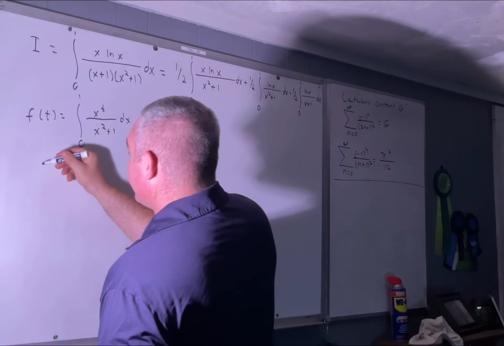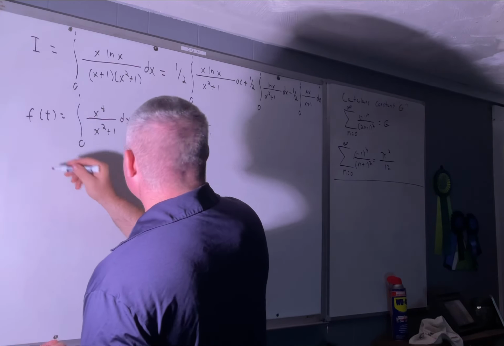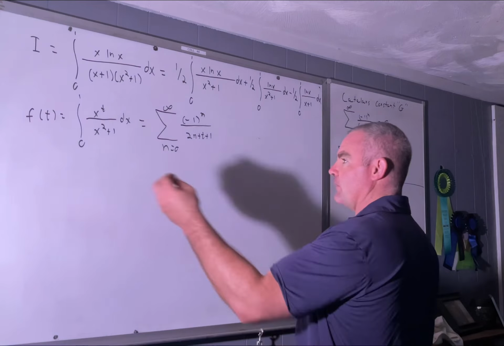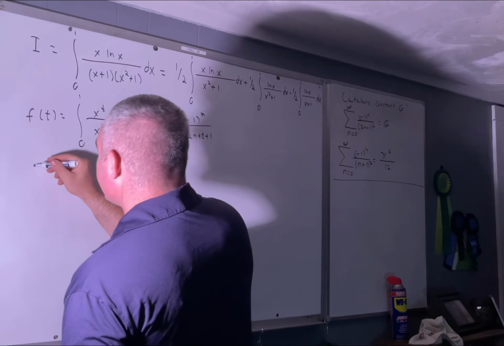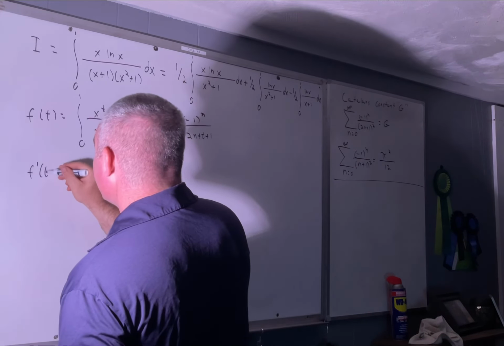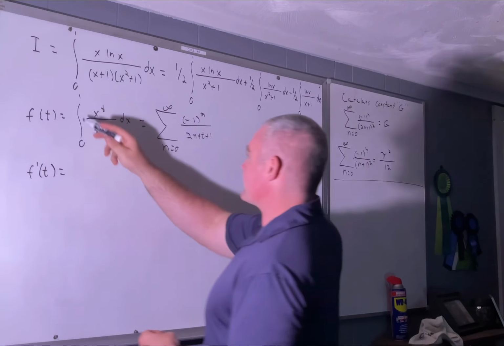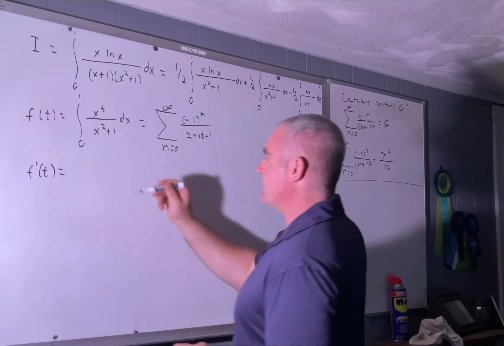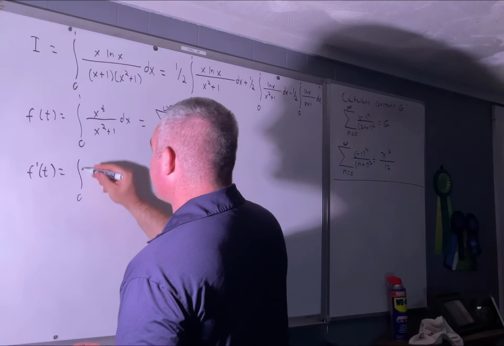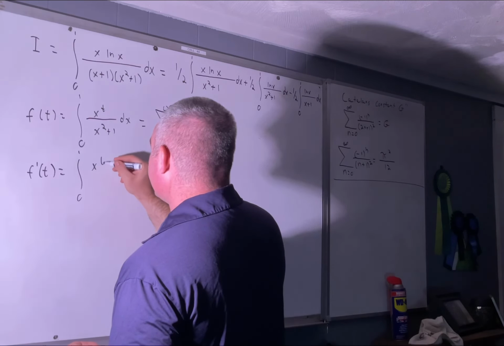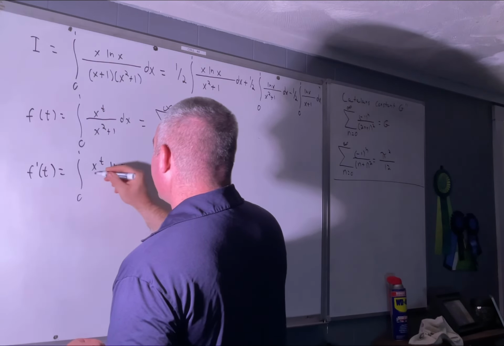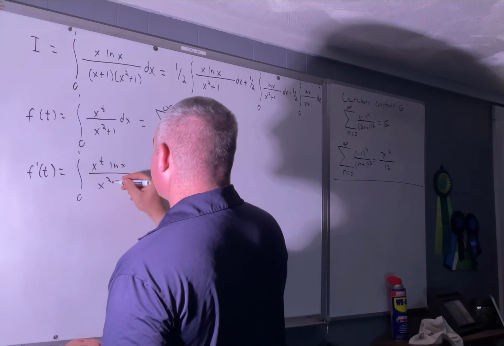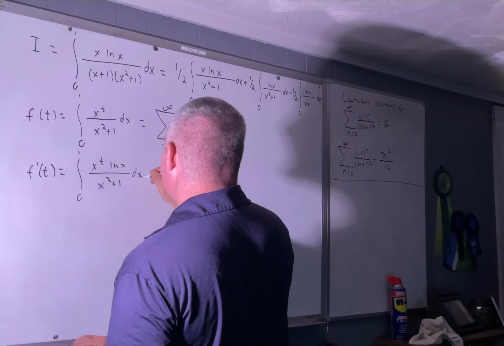Now, let's find f prime of t. So using the Leibniz rule, we'll take a partial with respect to t of the integrand, giving us the integral from 0 to 1 of x to the t natural log x over x squared plus 1 dx.